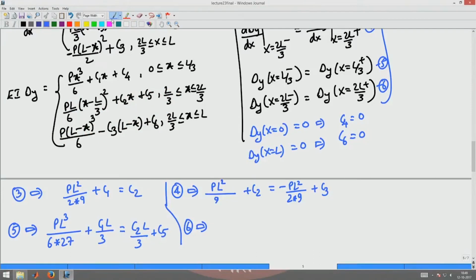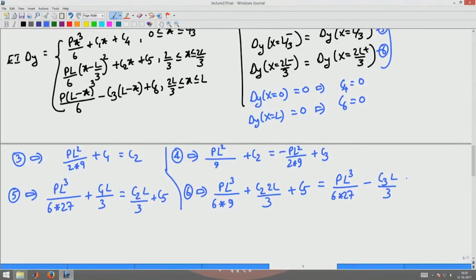Then I will get P L cube by 6 into 9 plus C2 into 2L by 3 plus C5 must be equal to, at 2L by 3 minus in this equation, P into L cube by 6 into 27 minus C3 into L by 3, and C6 is 0.